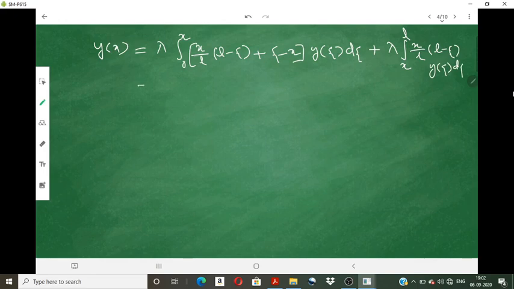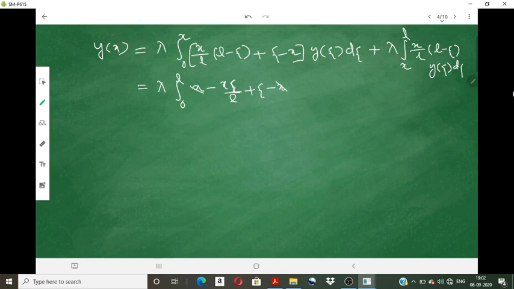Okay, simplifying this, we will get lambda into integral 0 to L. Here, opening this bracket, we will get x minus x theta by L plus theta minus x; x minus x get cancelled.